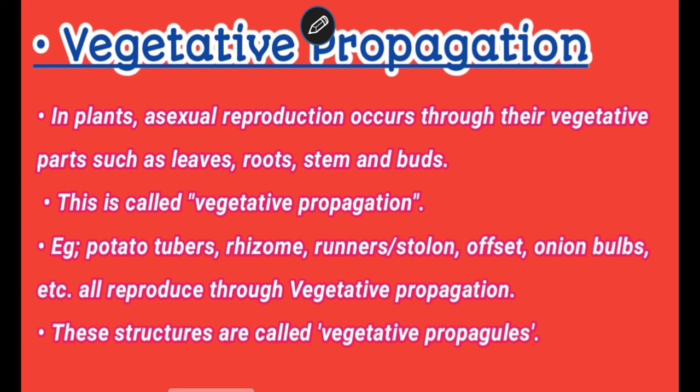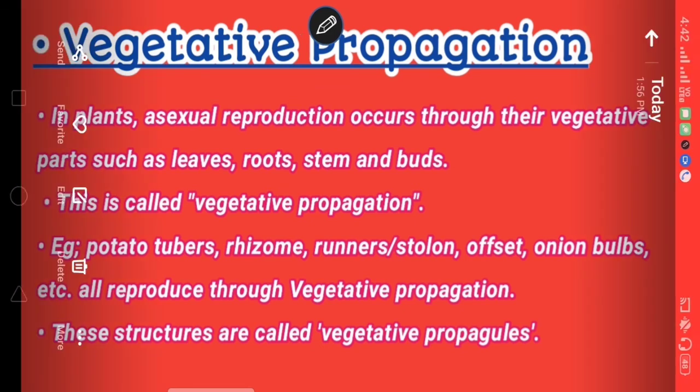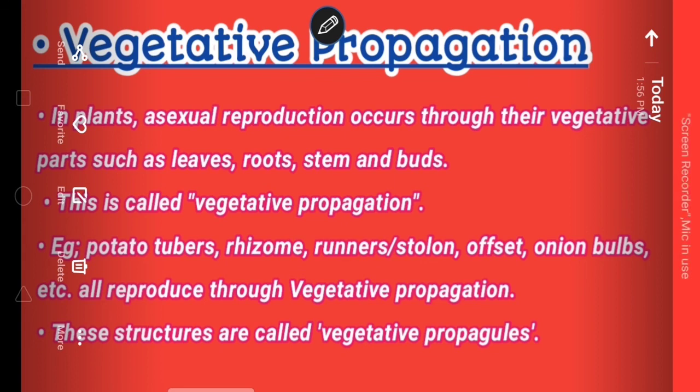This type of reproduction is called vegetative propagation. And what are the vegetative parts? Those may be leaves, roots and stem, or buds.